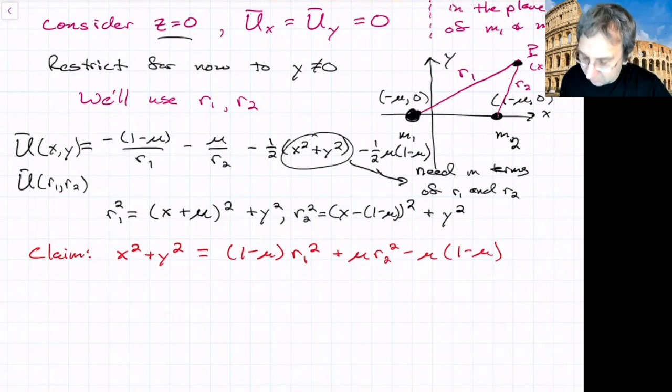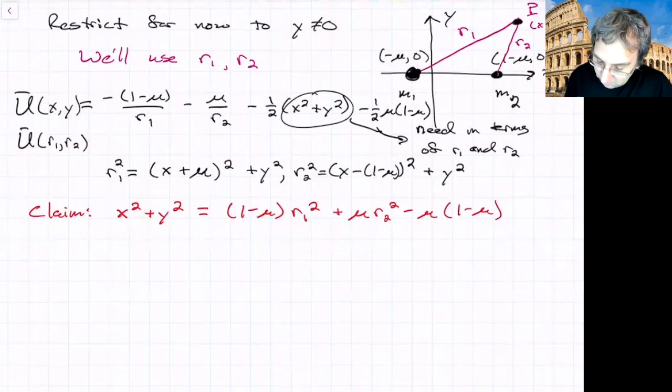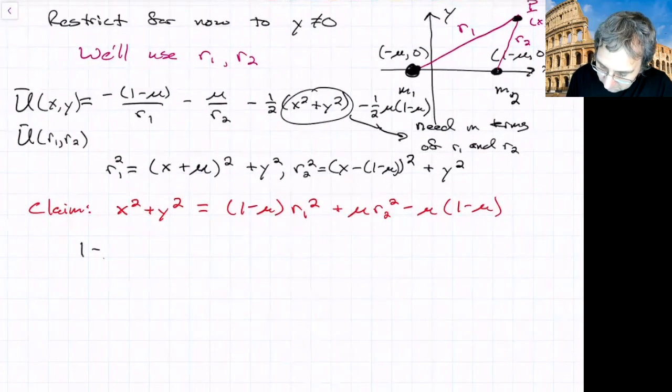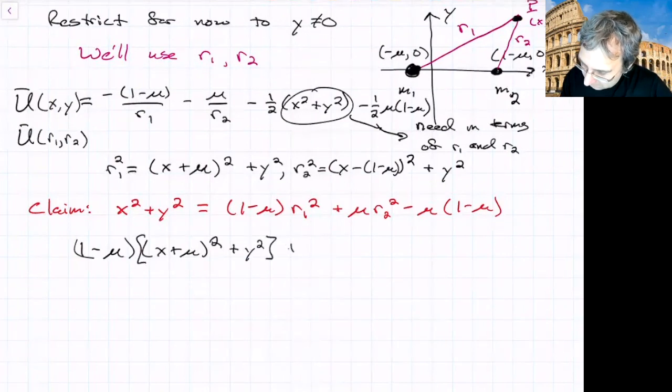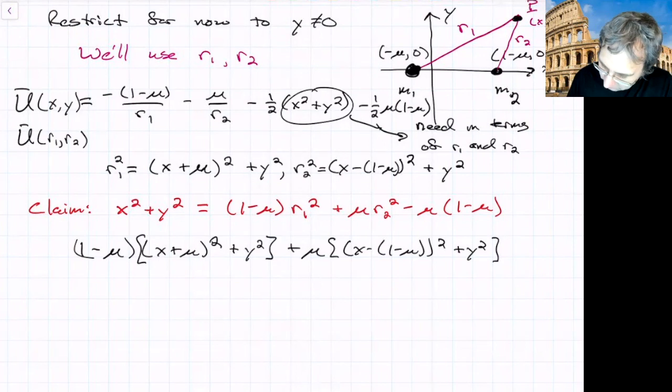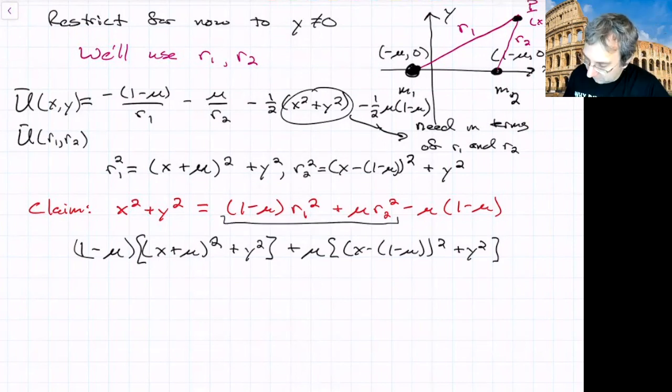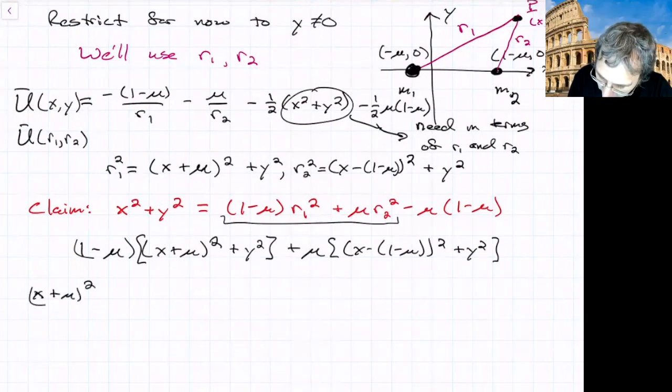But I've got this claim down here that we can write x squared plus y squared in terms of R1 and R2. You could work this out and see that it's true if we do, say, (1 minus mu) times (x plus mu) squared plus y squared, plus mu times (x minus 1 minus mu) squared plus y squared. So that's just the first two terms. What do we get from that? If we expand it out, we'll have (x plus mu) squared plus y squared, minus mu.